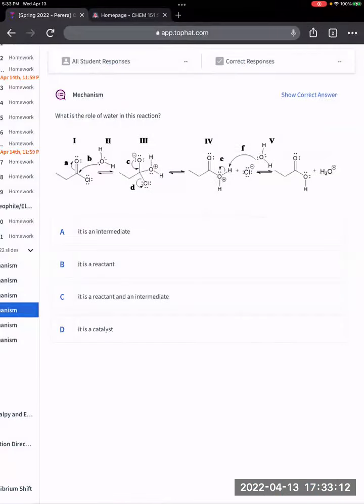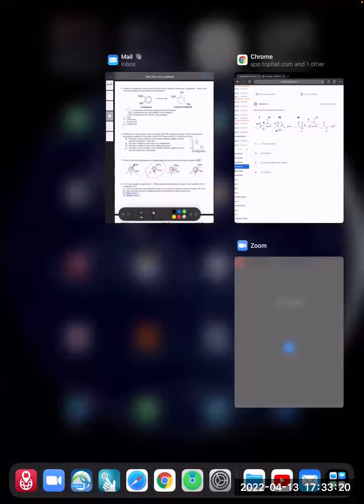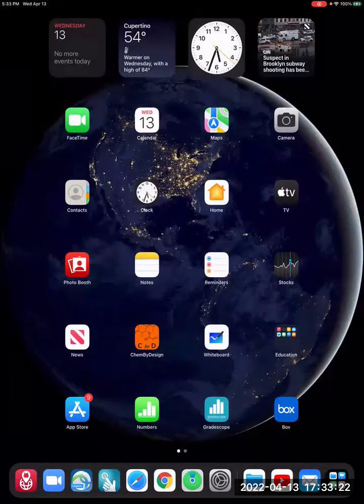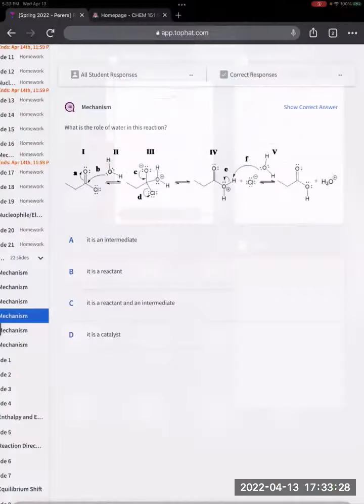Okay, that is it. So let me see if I can show it to you one more time without drawing. Okay, so water is a reactant here because it is on the left-hand side of the arrow, and the role of water is reactant.